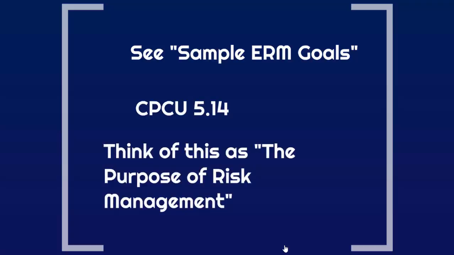Think of each of these as the purpose of risk management. Let me just name some of them. One says, anticipate and reduce deviations from expected outcomes, and anticipate and recognize emerging risks. Then drive consistency in risk-taking. Optimize risk-taking, considering appetite and tolerance. Reduce earnings volatility.